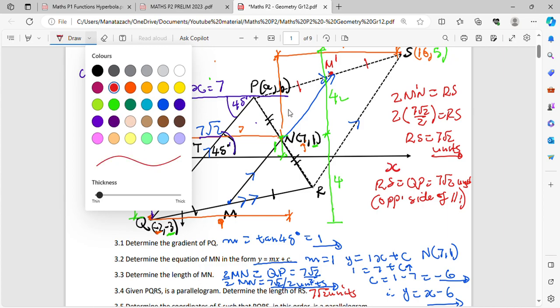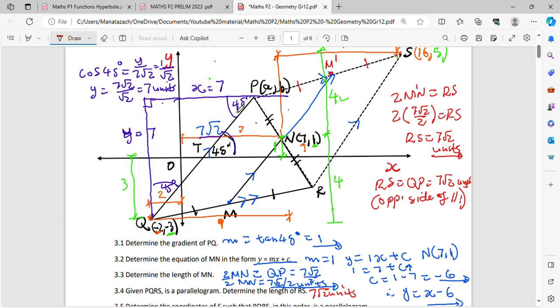Let's go back to a red color, which means since I know that the distance between Q to the y-axis is 2 because of the x coordinate, that means the distance between the y-axis to P would be 7 minus 2, which is going to be a 5, right? So now I have the x coordinate for P, which would be 5.